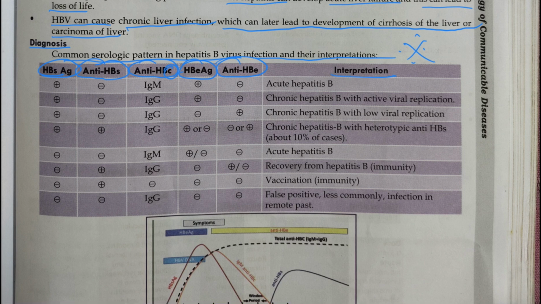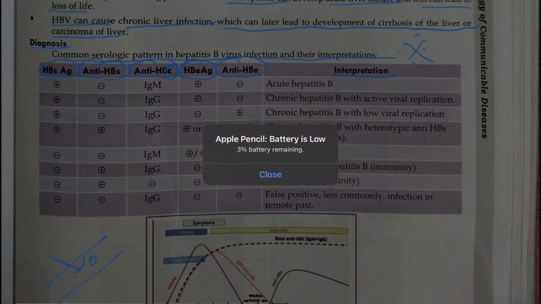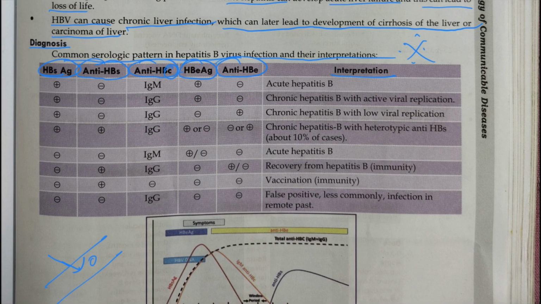Now, this is the blood and the virus is entering the blood. First, HBsAg antigen will be found in the serum, but immediately we cannot see its antibody.